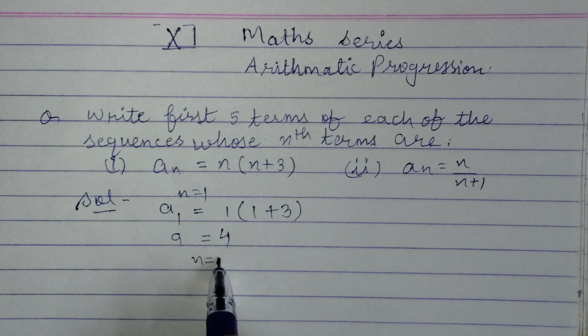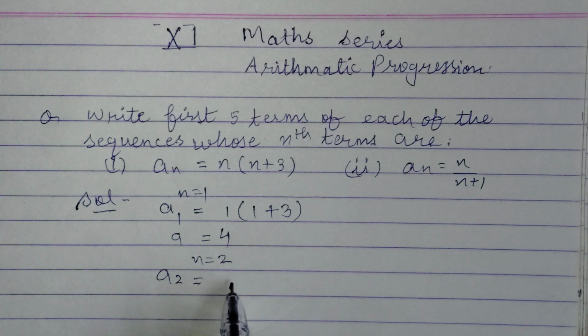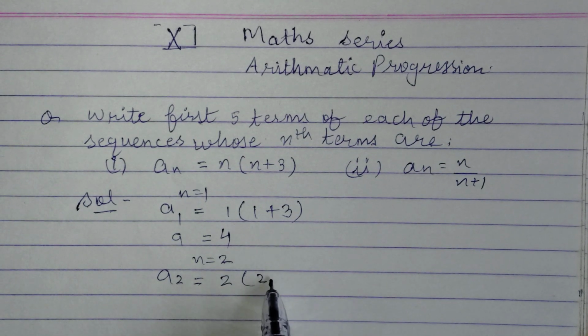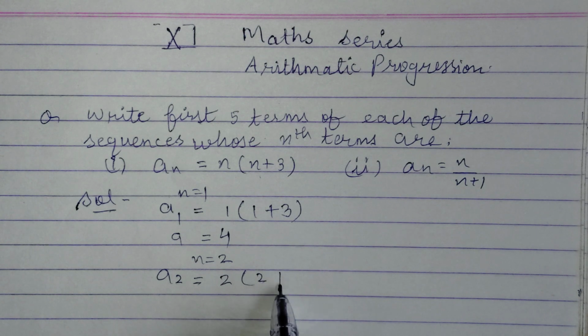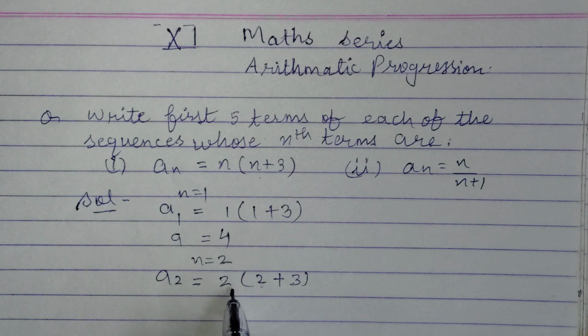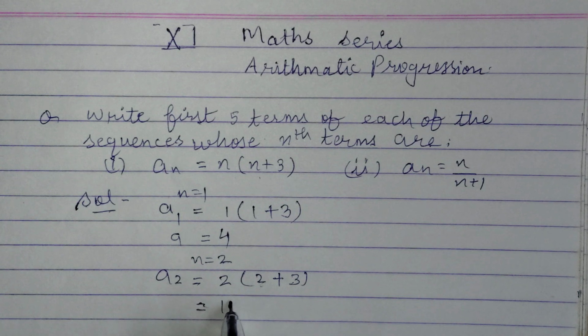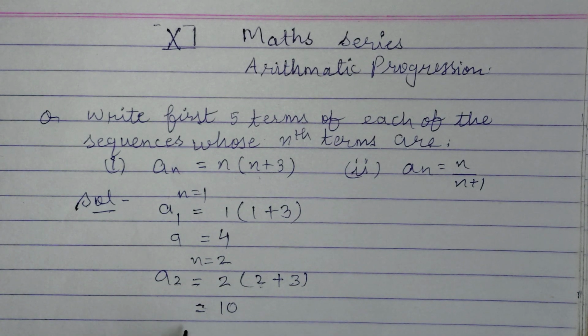Now replace n equal to 2. So we get a2, the second term. We replace n with 2. Solving the bracket, 2 plus 3 is 5, and 5 outside there is 2. Bracket means multiply, so 5 times 2 is 10. The second term is 10.